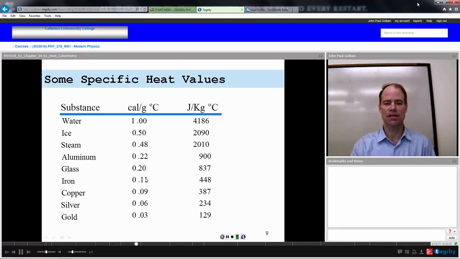And some of these other substances have lesser specific heat. So the largest specific heat of these common substances is associated with liquid water. Notice how small the specific heats are for these metals down here, and more on that in just a moment.